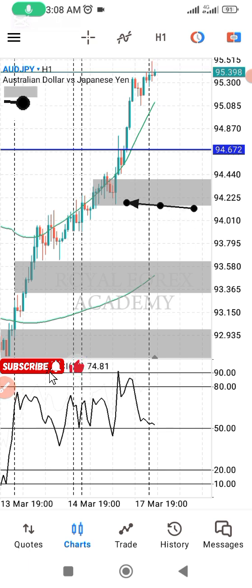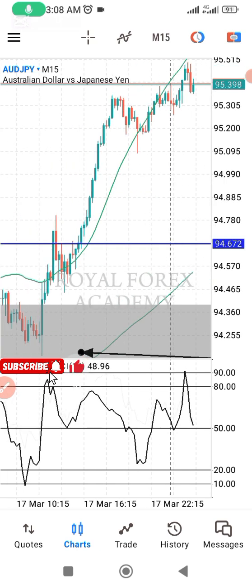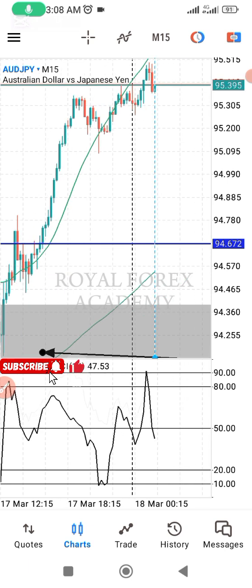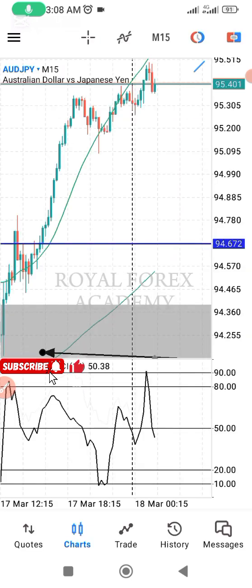Another way to do this is that you move to your 15-minute time frame and look for a chart pattern. What type of pattern are you looking for? You are looking for a bullish flag pattern because this is an uptrend. And here we have a typical bullish flag pattern.